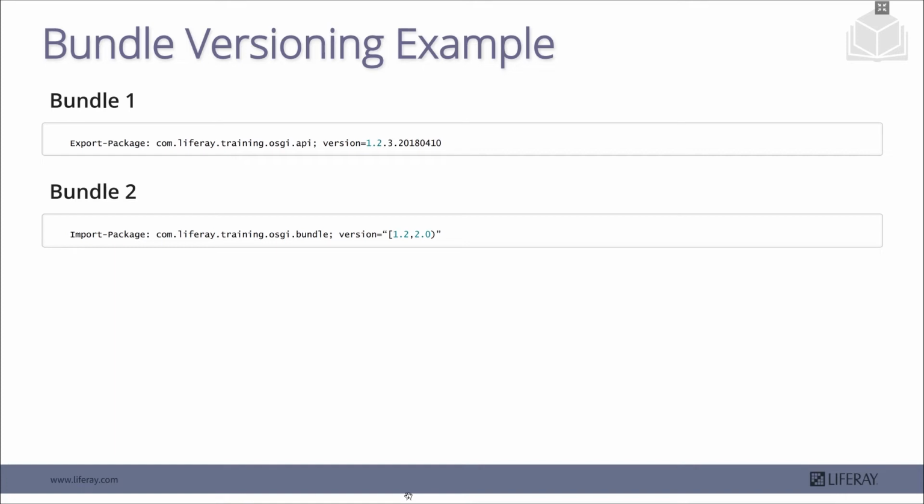So from 1.2 up to 2.0, but not including 2.0. Pretty simple, right? That is version numbering, and the way that versioning is controlled within the OSGi world using semantic versioning, as it's called.